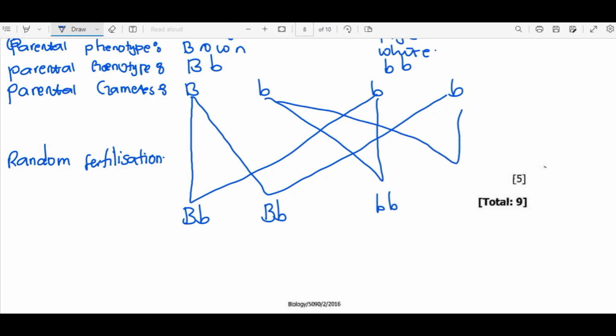Okay, so let's see. Let me go back, I need to check something. Brown, so that one. This should all be capital letters. I'll explain why. So this all should be capital letters.